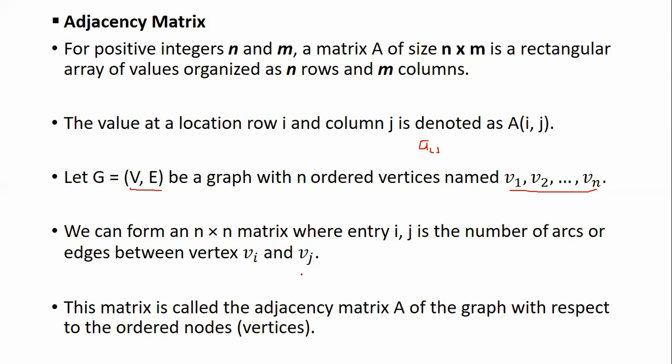But if there's no edge that connects two given vertices, then we just give it 0. I keep doing this for all the various vertices within the given graph. That's how we form the adjacency matrix. So for the adjacency matrix, we deal with the vertices.